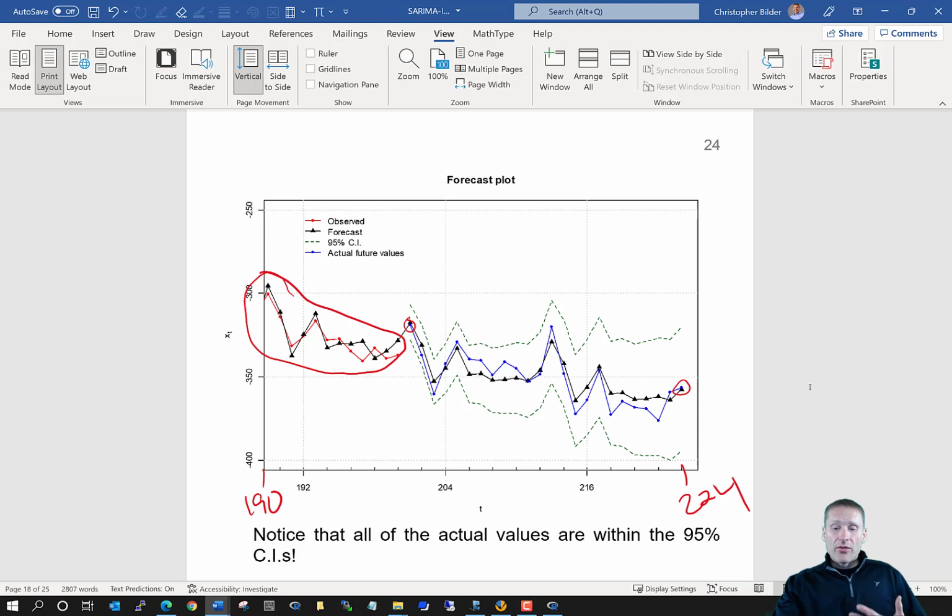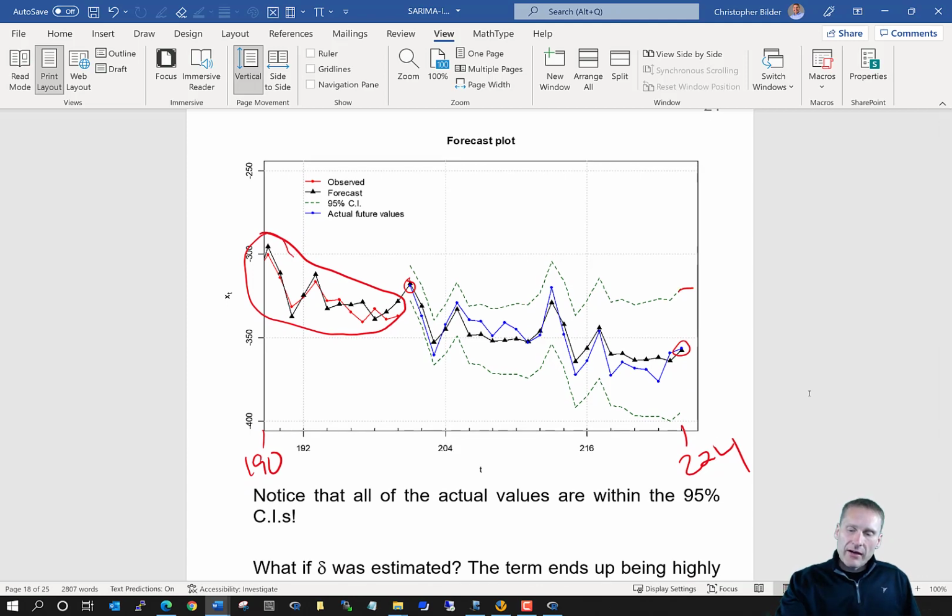So this model seems to be working really well. It's doing what we would expect in this simulated manner. So this is great to see. Notice also how these confidence interval bands tend to get wider as we go through time as well.